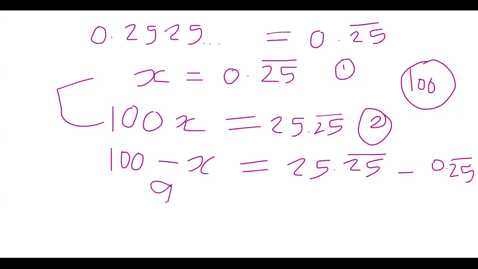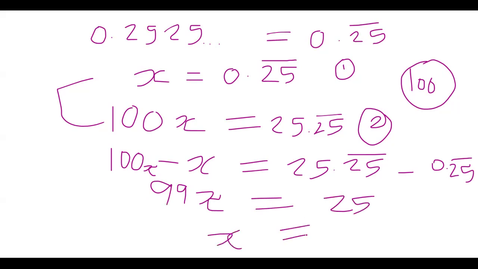This will give us 99x equal to 25, so x equal to 25 by 99. So 25 by 99 is the p by q form of 0.25 bar.